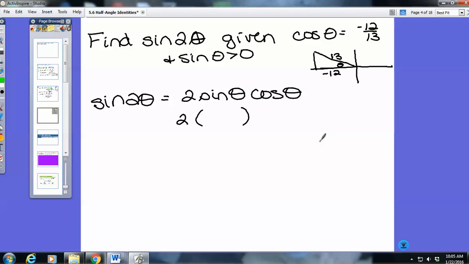Then what are we going to do? Pythagorean theorem. A squared plus negative 12 squared equals 13 squared. So you get your missing side to be a positive 5. So sine would be 5 over 13, and cosine would be negative 12 over 13.